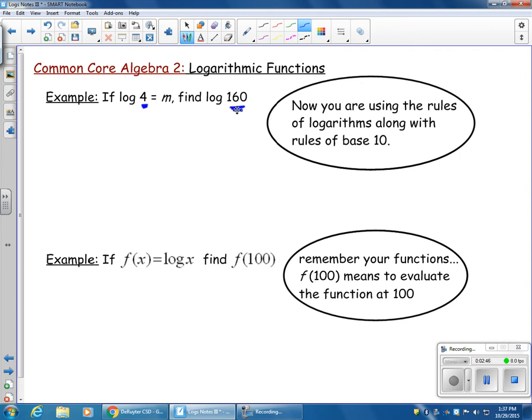So when I look at 160, 160 is 16 times 10, and 16 is 4 squared. So I'm going to rewrite log 160 as log of 4 squared times 10.